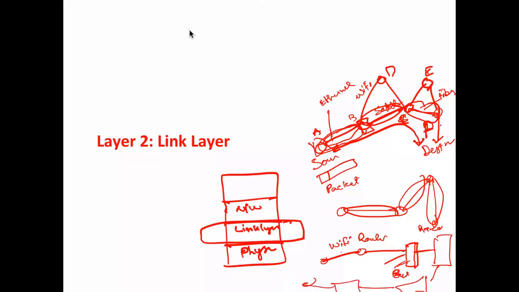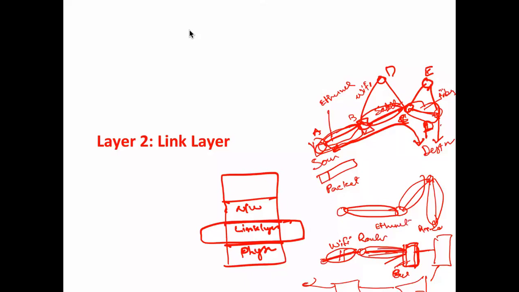So this is a link. The first link is this one, my Wi-Fi router to the router, and this link is running Wi-Fi. This is basically air, using Wi-Fi. The second link is fiber that goes from my router up to the building's router, which is running a protocol, maybe another Ethernet or something.